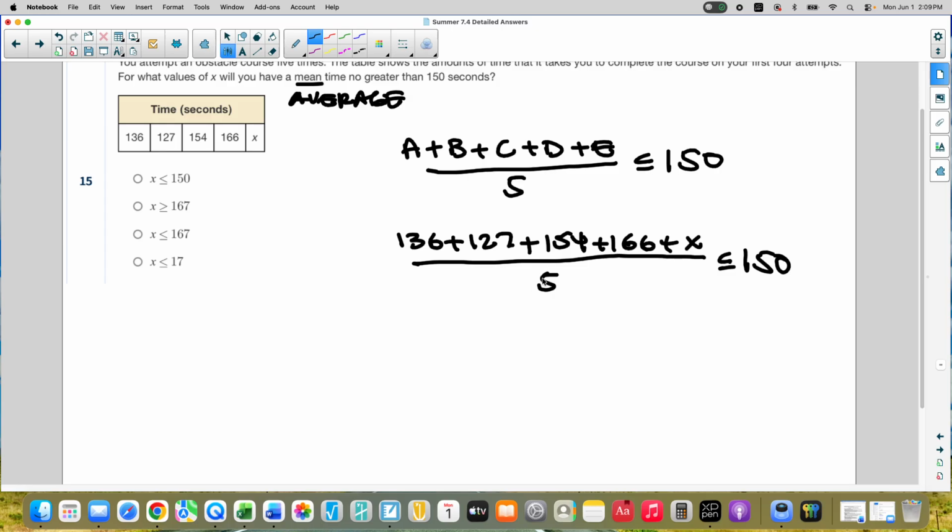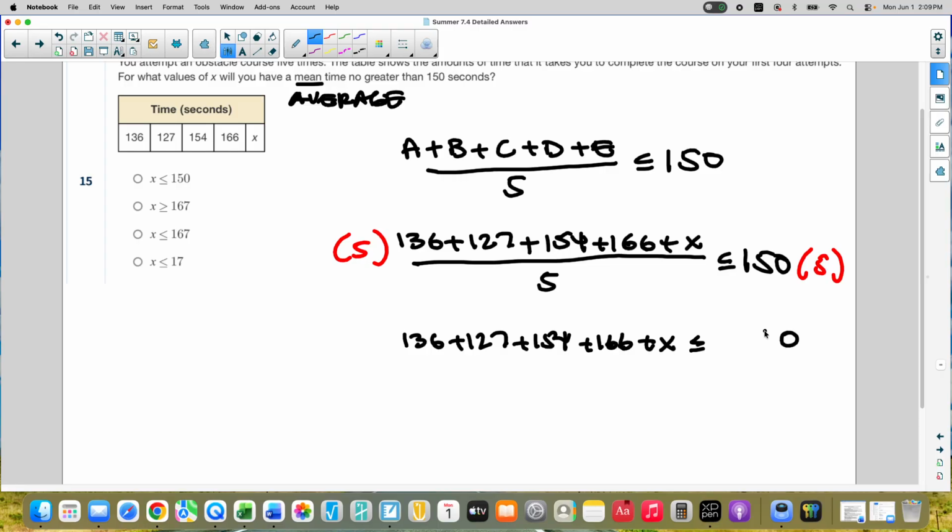So first thing we can do is get rid of that division by 5, because I can't get to my variable because it's being added and divided. So we're going to get rid of that division first. That gives us 136 plus 127 plus 154 plus 166 plus my missing time must be less than or equal to 750 seconds. Now we could subtract each one, but remember we like to simplify.